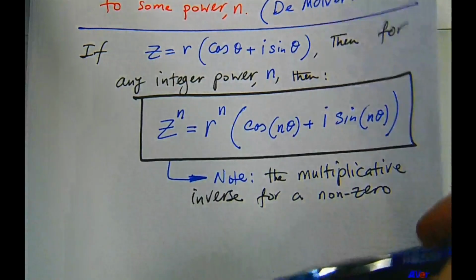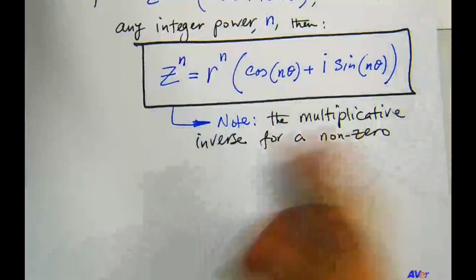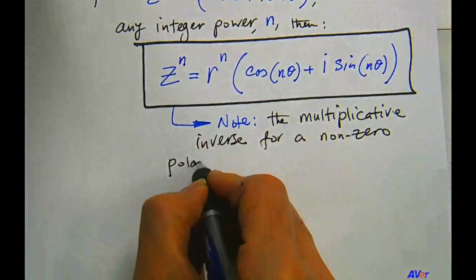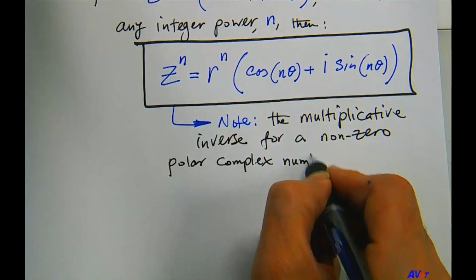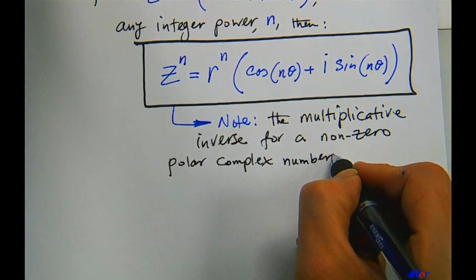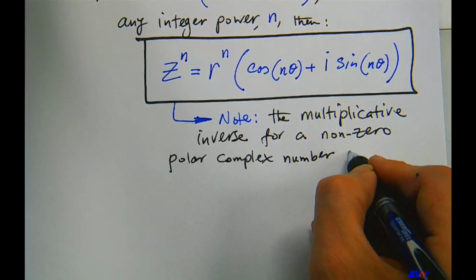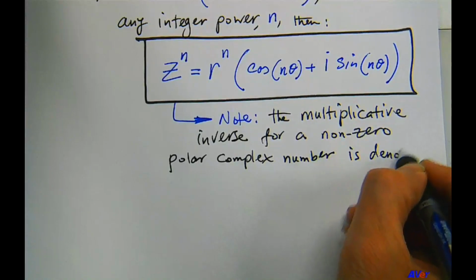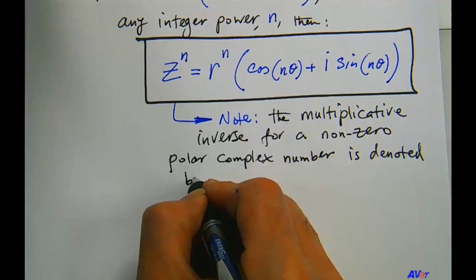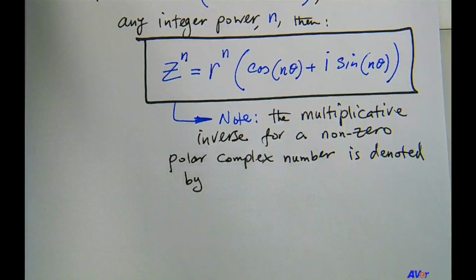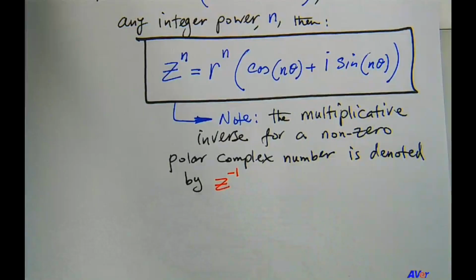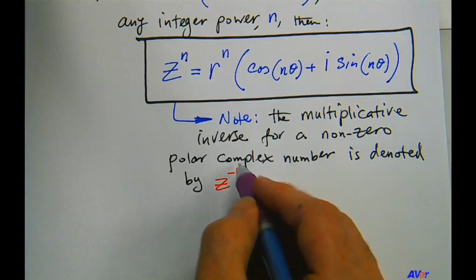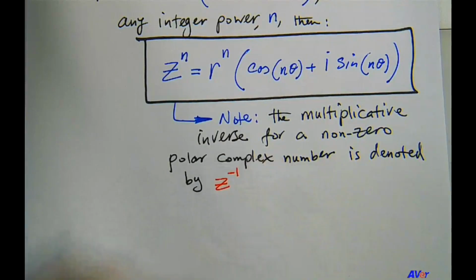for a non-zero complex number z, the multiplicative inverse is denoted by z inverse, or z to -1. That's just a labeling.